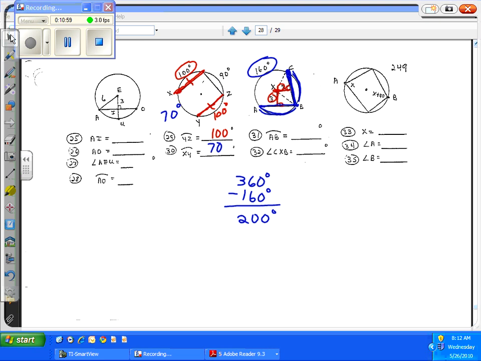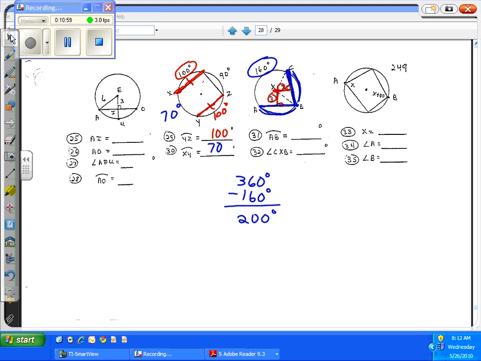So chord CB is the same length as chord AB, and its arc measure, arc AB, is the same as arc CB. Now we know that a circle is 360 degrees. Everything but arc AB and arc CB is 160.